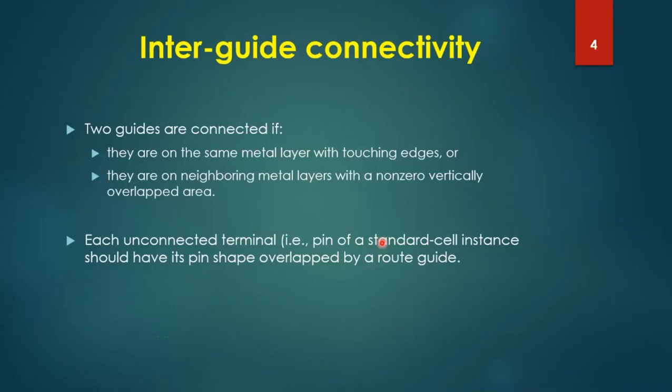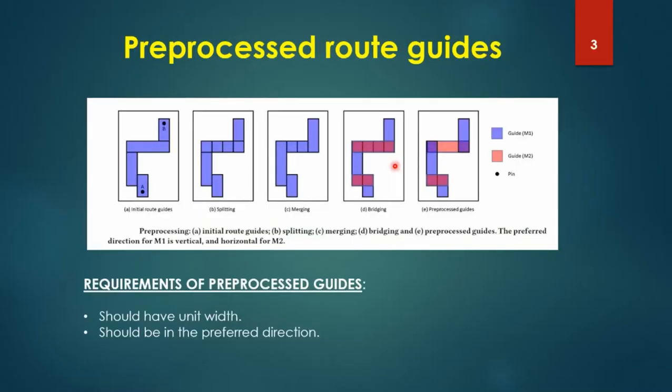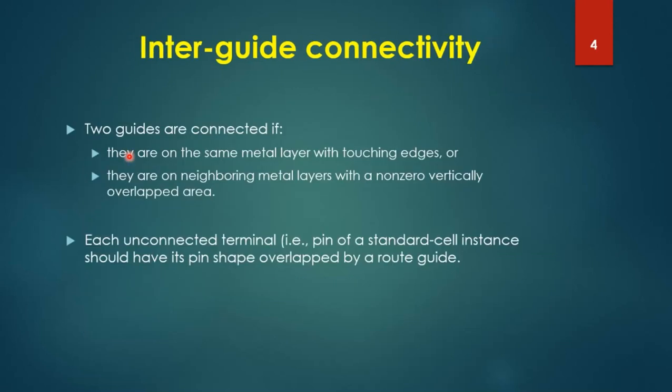And then the next thing which we had mentioned in the first slide was inter-guide connectivity. Two guides are connected if they are on the same metal layer and if they have touching edges. If we go back to this figure, in the first diagram, if they are on the same metal with touching edges, that's obvious.